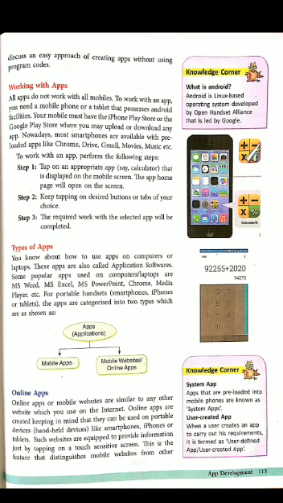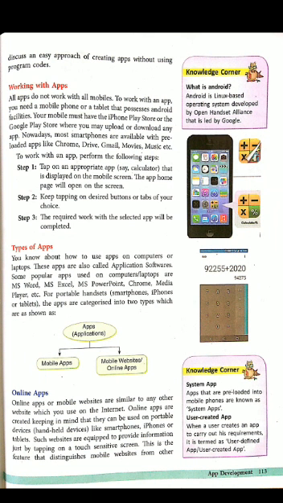Suppose it is an Android operating system, then you can easily download from the Google Play Store. But suppose you have some other handset like an iPhone handset, or any other mobile where different handsets are used, you have to be very careful from where you download. For the iPhone, that is the Apple product, you have to download from the iPlay Store.